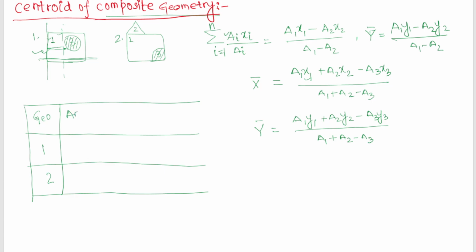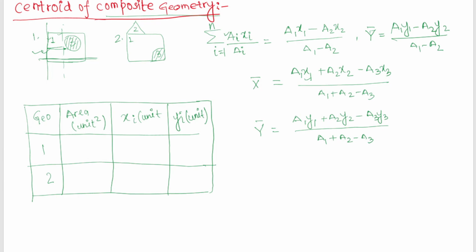The second column will contain area, with the unit square, whatever the unit is. So A1, A2. Then the third column will be xi, again with its unit, which will be the location of the centroid of that particular geometry with respect to the reference axis. Then we have yi, and its unit will be whatever the unit of the problem is.